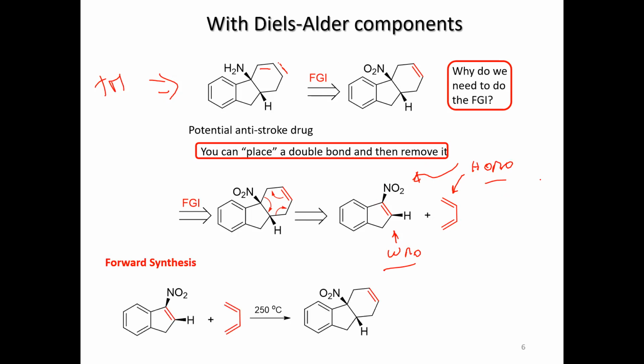If you get that, forward synthesis, you do a very easy, very specific Diels-Alder. You get your nitro group with exact stereochemistry. And then you reduce everything down.